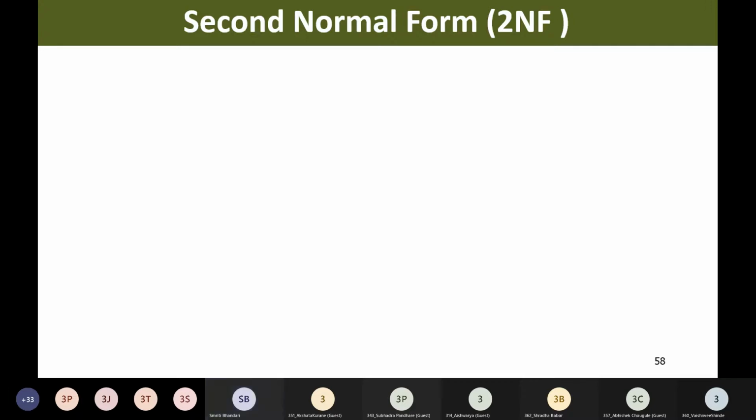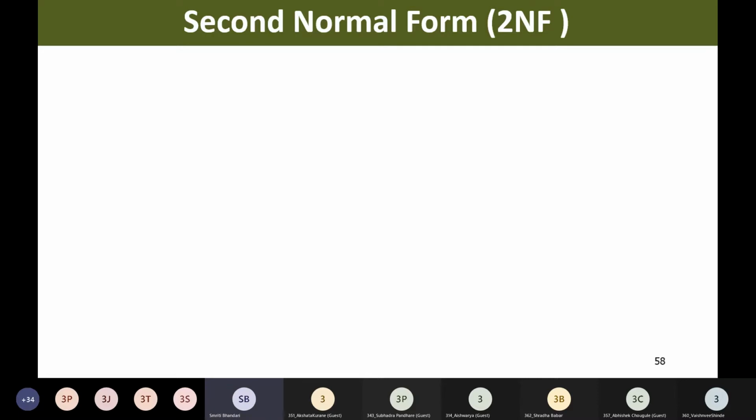Today, we are going to discuss second normal form. So the basic requirement of the database is that in our database schema, every relation must be in 1NF.